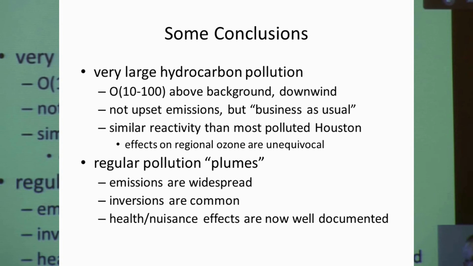This is the countryside, so you get inversions there a lot, also because humidity is lower than in East Texas. And we do have now a quite large database of well-documented health and nuisance effects. So this is potentially of concern, maybe not for you, but definitely for people who live close or will be living close.